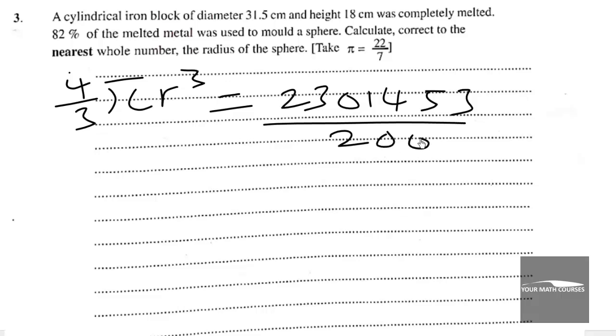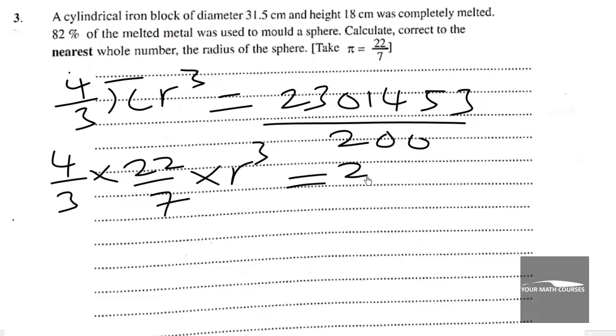So we can now substitute pi equals 22 over 7. So we have 4 over 3 times 22 over 7 times r cubed is equal to 2301453 over 200.